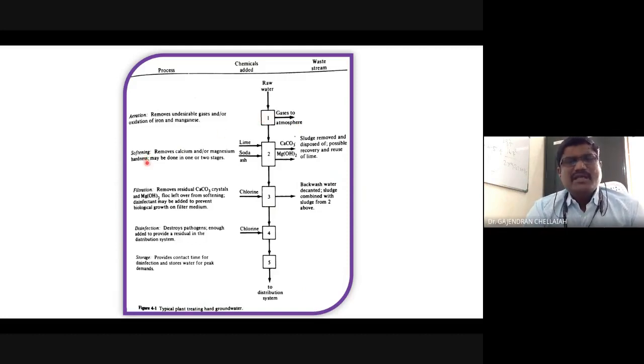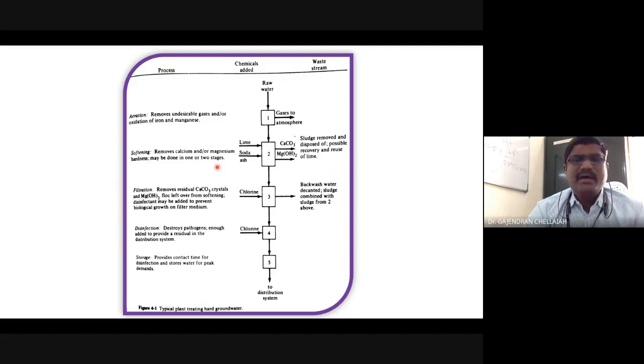The next one is softening. As I said, this is the water treatment system for a hard groundwater source, where hardness is high. Softening removes calcium and magnesium hardness, and may be done in 1 or 2 stages.